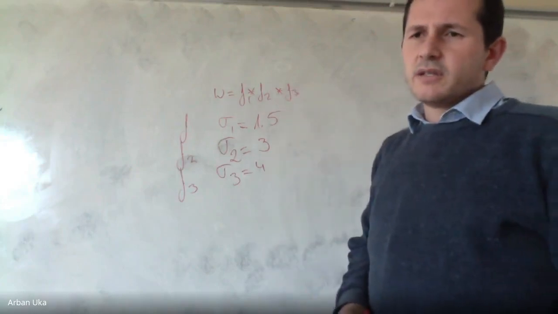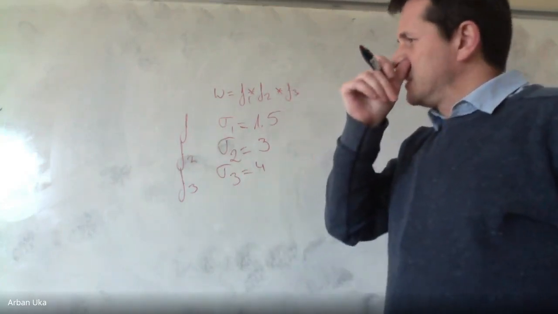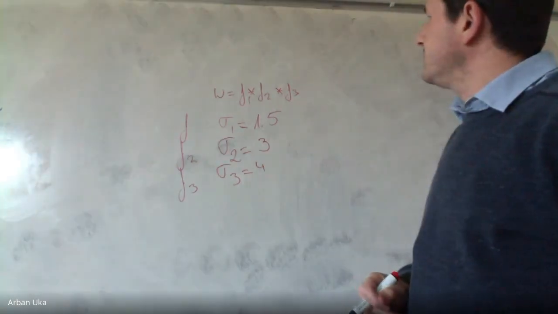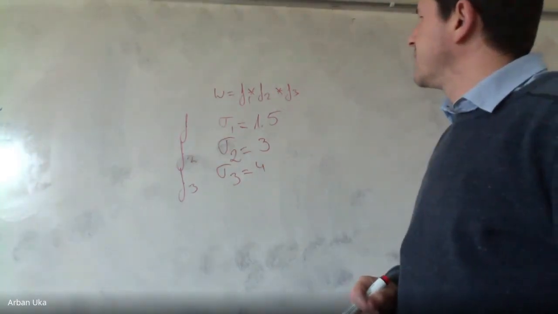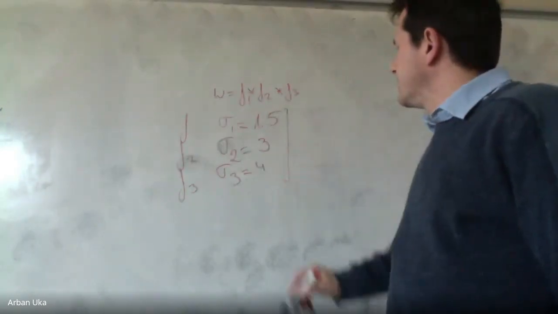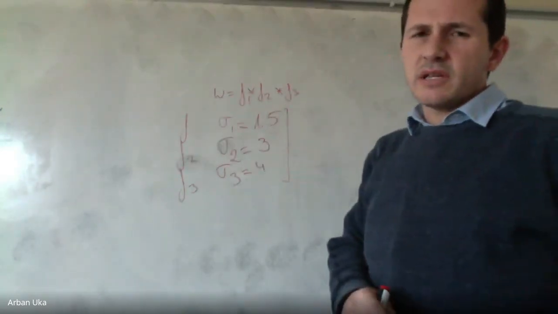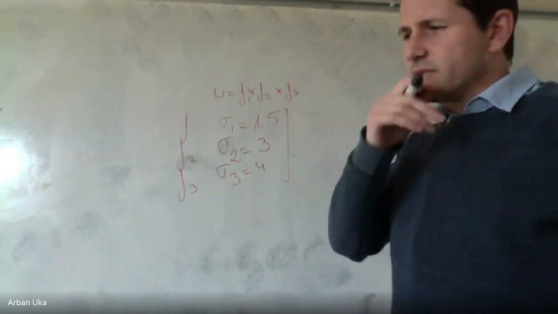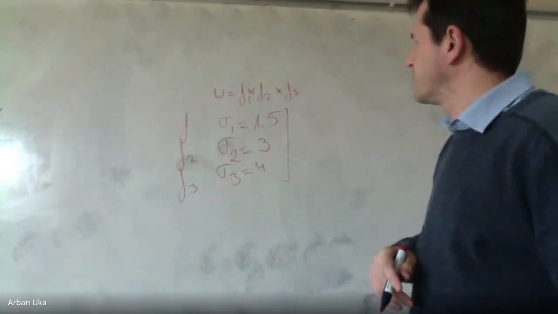How can we find the sigma of this new function? Now, the equations of these were in the slides. So if you have the slide in front of you, you can go over these formulas.